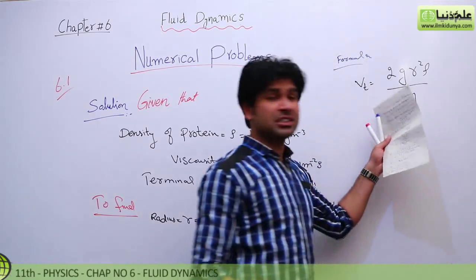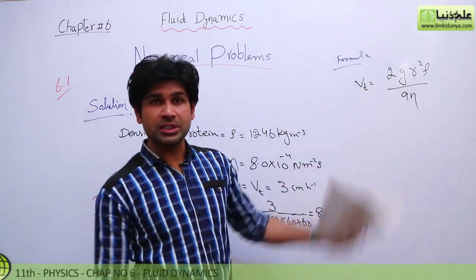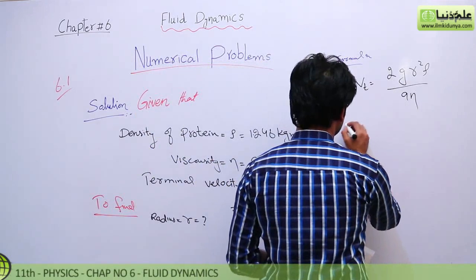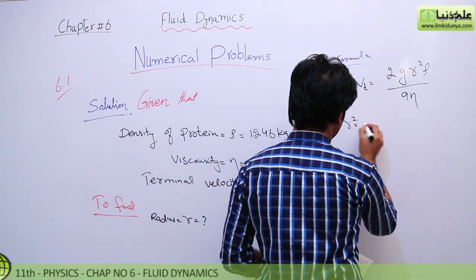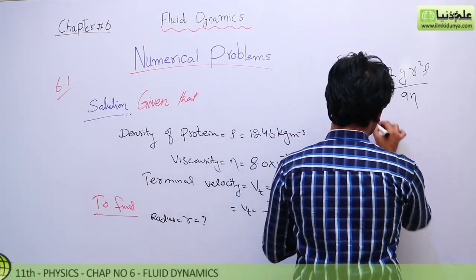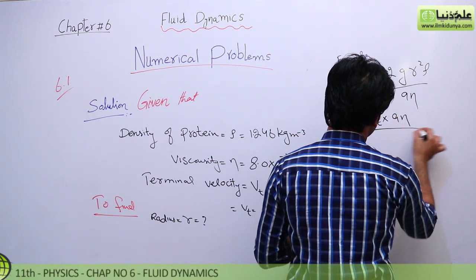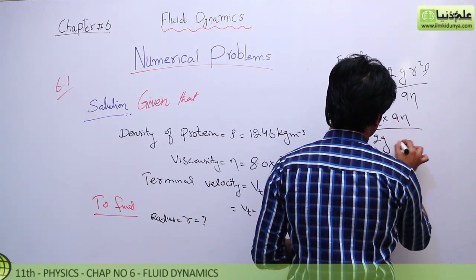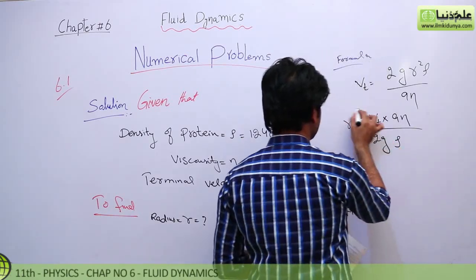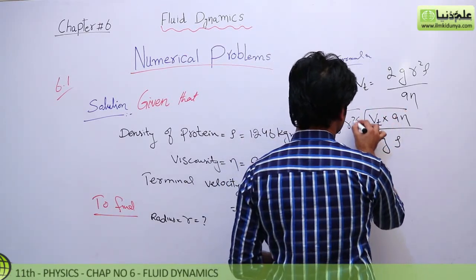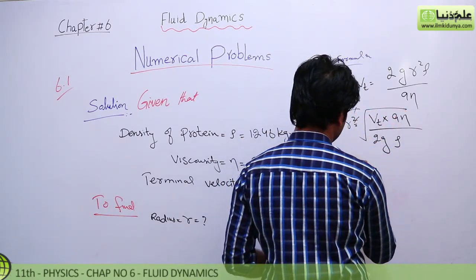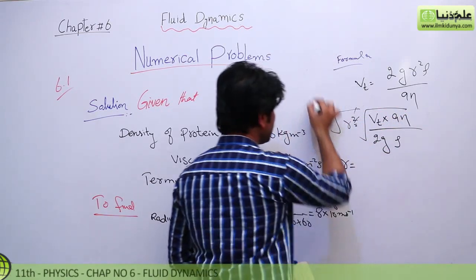So rearrange this equation to find r, which is the radius of the sphere. By rearranging, we will have r square equals Vt multiplied by 9 eta divided by 2g rho. Now taking the square root on both sides, we will have r, which is the radius.